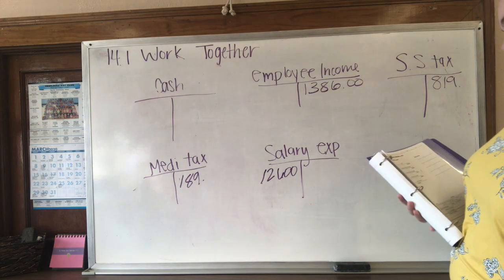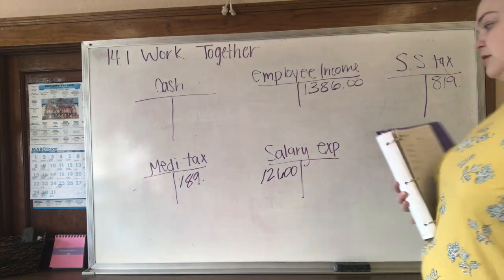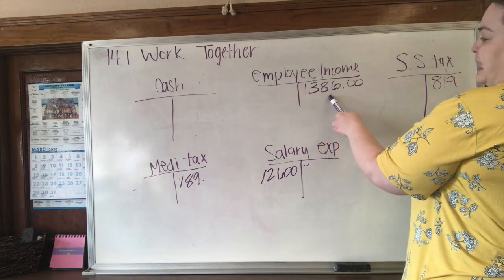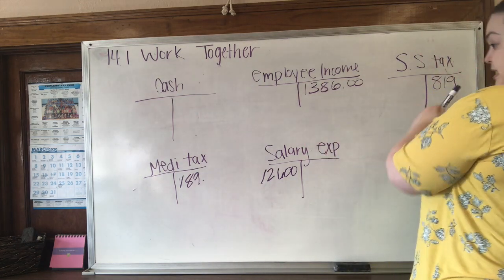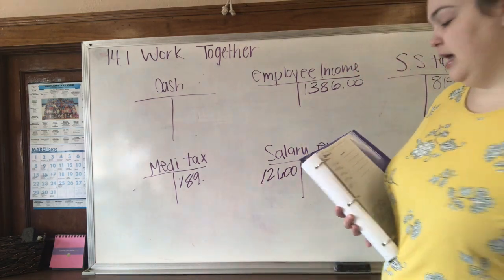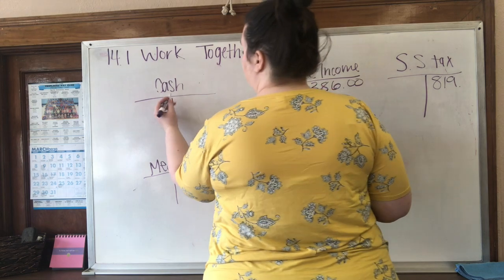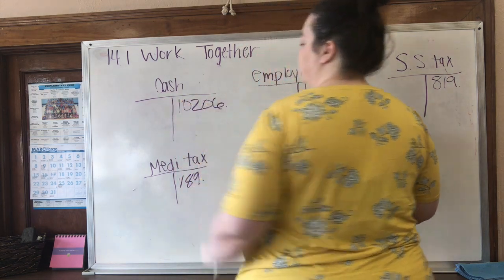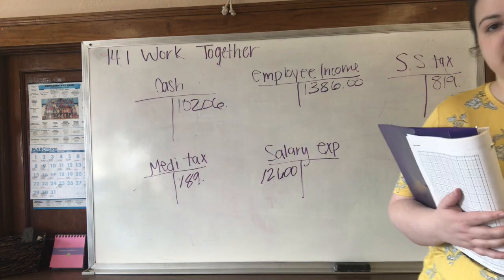I'll give you a second to figure that out. So you'll take $12,600 minus $13.86 minus $819 minus $189. And your cash will be on your credit side for $10,206. And that is how you do the first part.